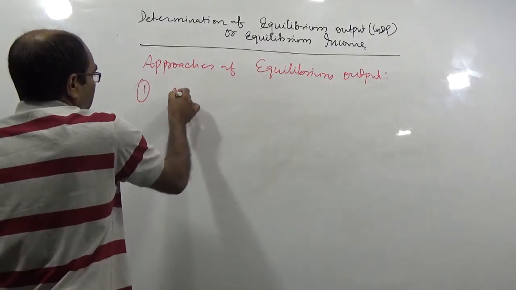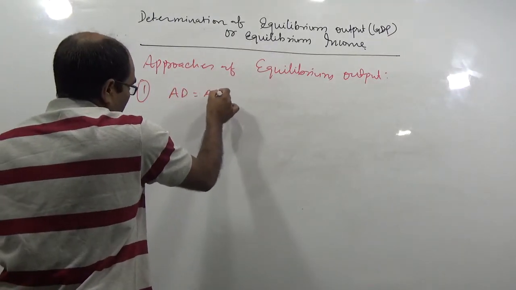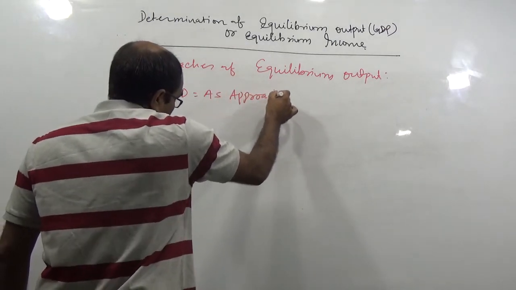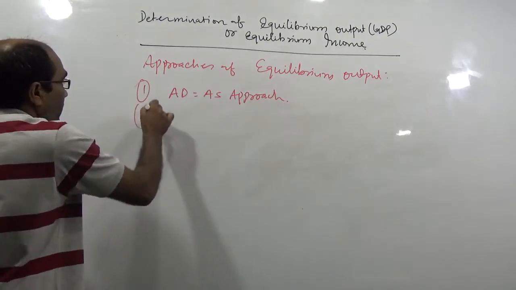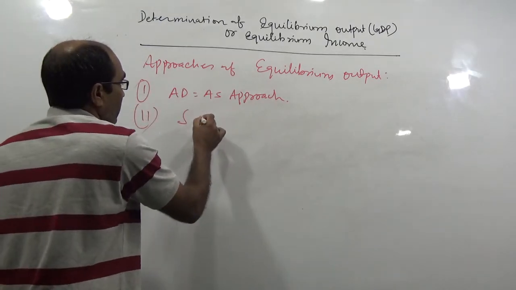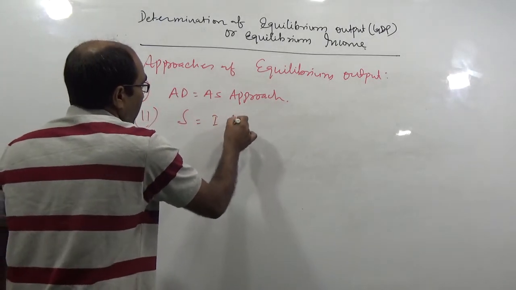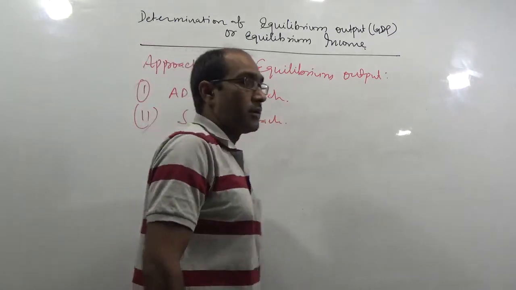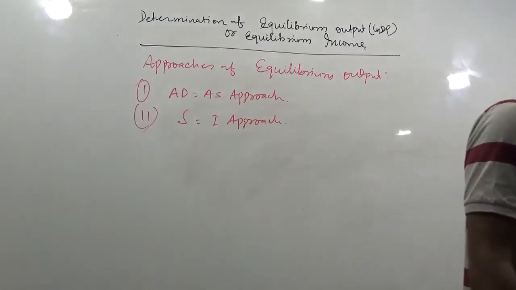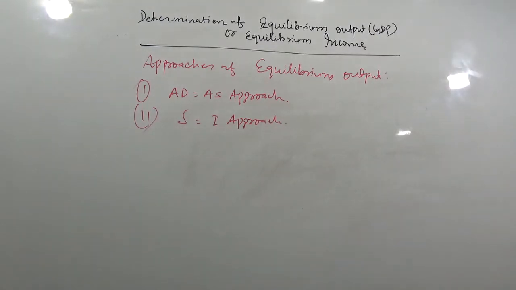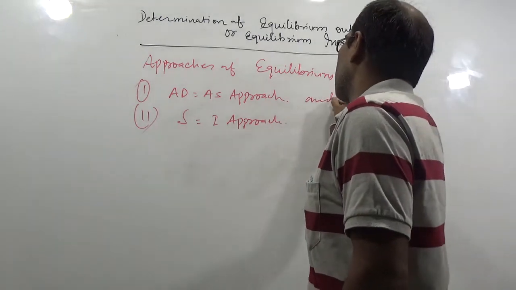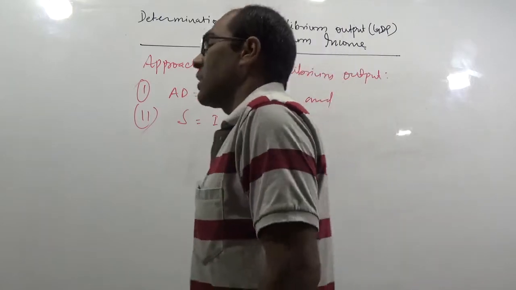First is the AD equal AS approach, and second is the S equal I approach. We have two approaches: first, AD equal AS approach, and second, S equal I approach.